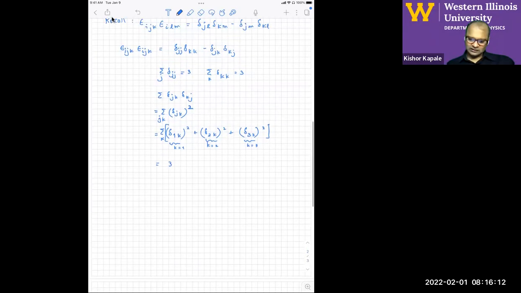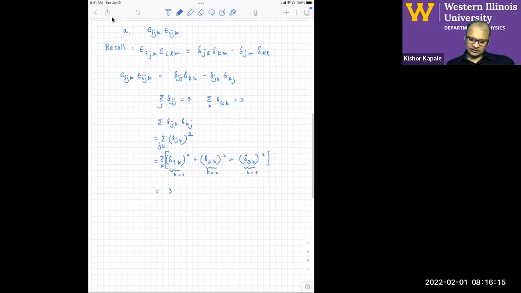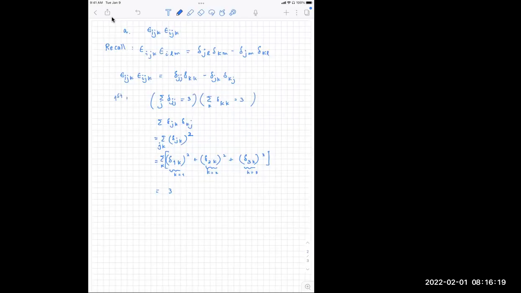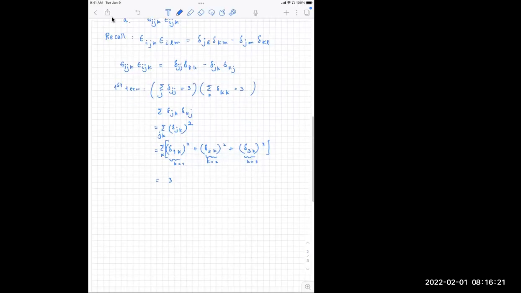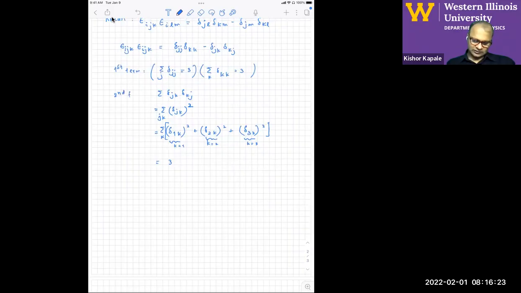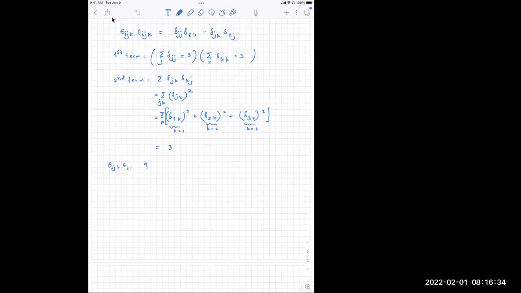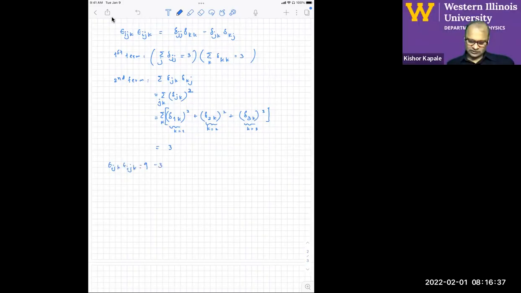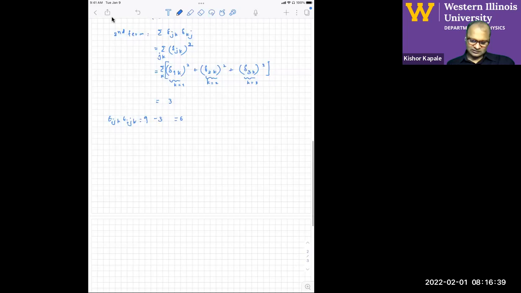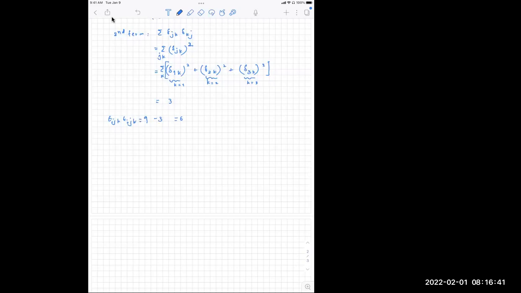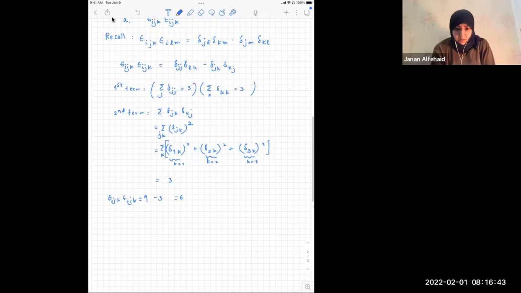And the first term is the product of these two. And the second term is that. So you get basically 9 minus epsilon I j k epsilon I j k, 9 minus 3 equal to 6. Is that correct? You think? Yes.